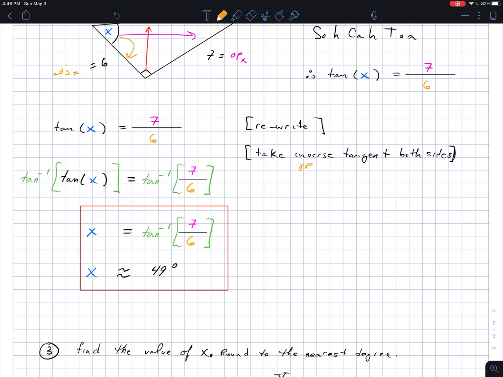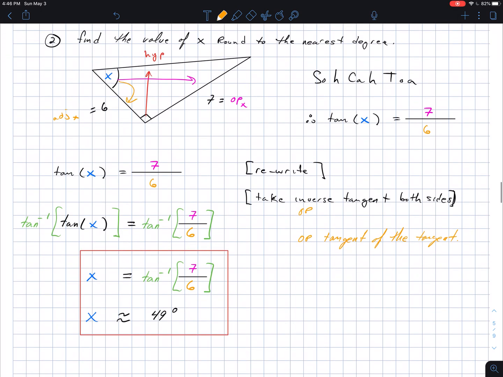I'm taking the opposite tangent of the tangent. Maybe that makes more sense. Maybe that'll clarify it right there. Okay, because inverse could be used for a lot of other different things. So let me go fix that up in a second.